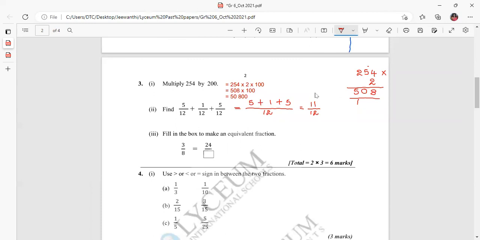So then the equivalent fraction. What do you mean by an equivalent fraction, children? You have a fraction, and to have an equivalent fraction for that, you want to multiply or divide numerator and the denominator both by the same number, right? Can you see that earlier I was explaining about simplifying?